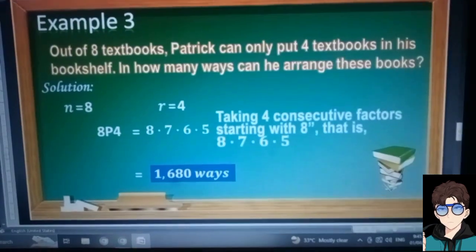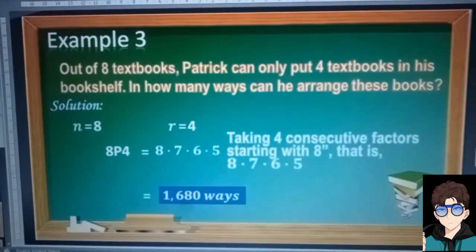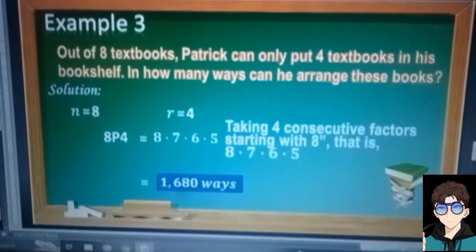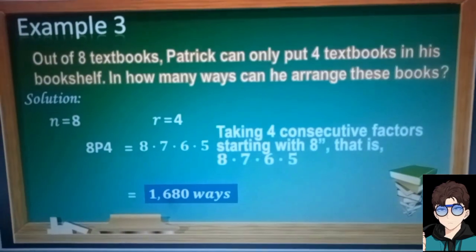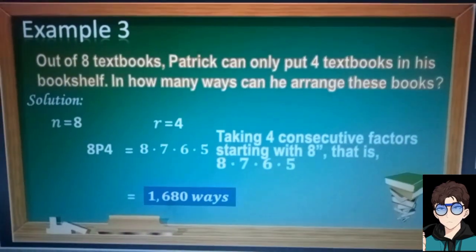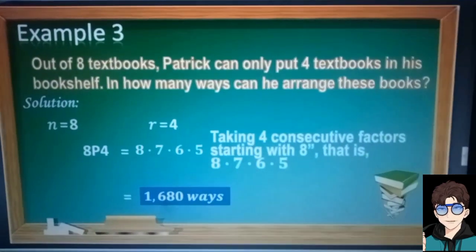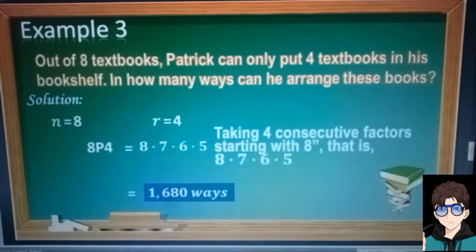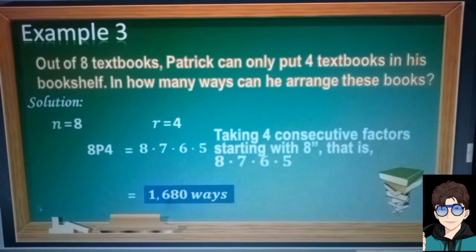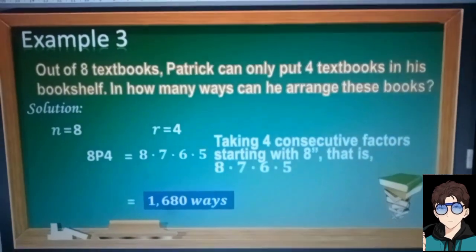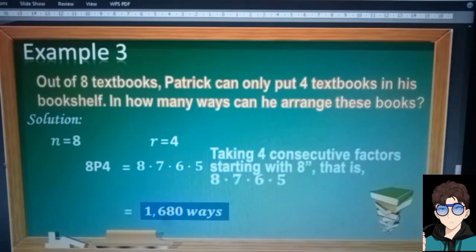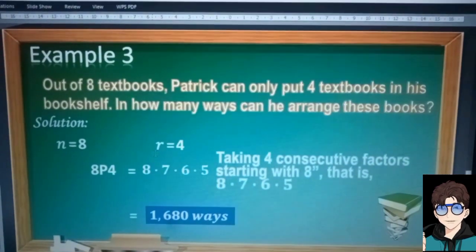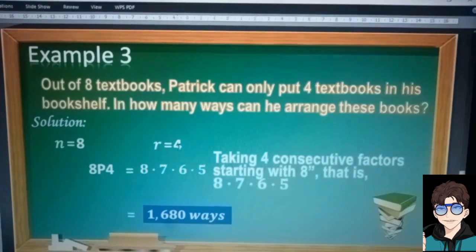Example number 3: out of 8 textbooks, Patrick can only put 4 textbooks in his bookshelf. In how many ways can he arrange these books? The solution: n is equal to 8, since there are 8 textbooks. Then r is equal to 4 because Patrick can only put 4 textbooks at a time.